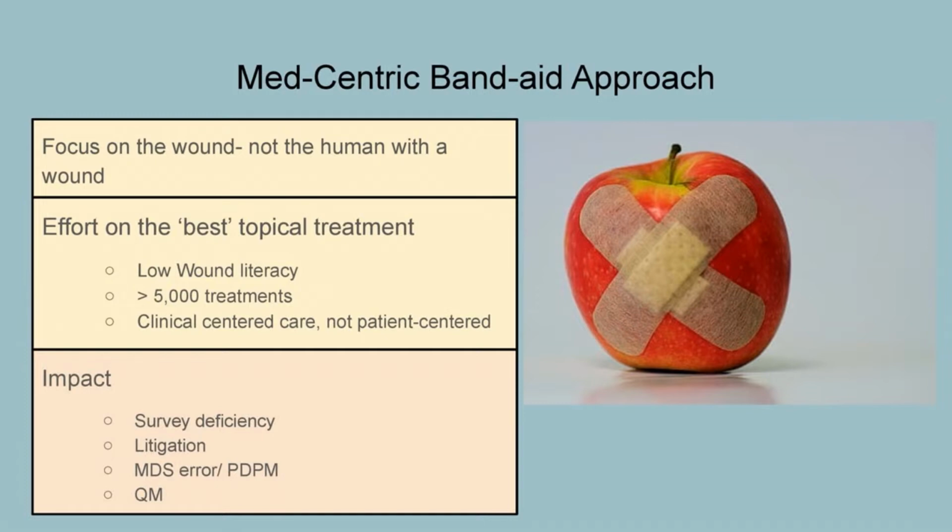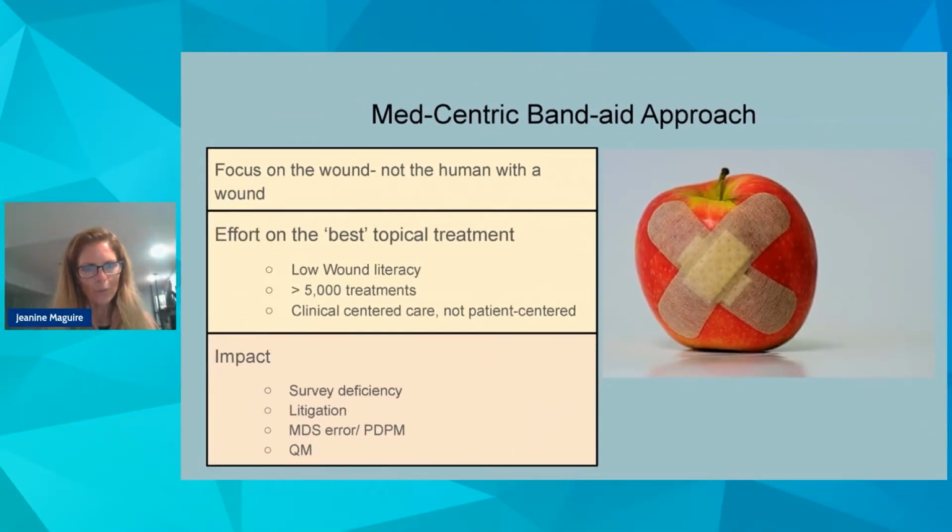We do know that the med-centric approach is a focus on the wound, not on the human who has a wound. The effort here is to find the best topical Band-Aid, the best topical treatment. However, we have very low wound literacy.